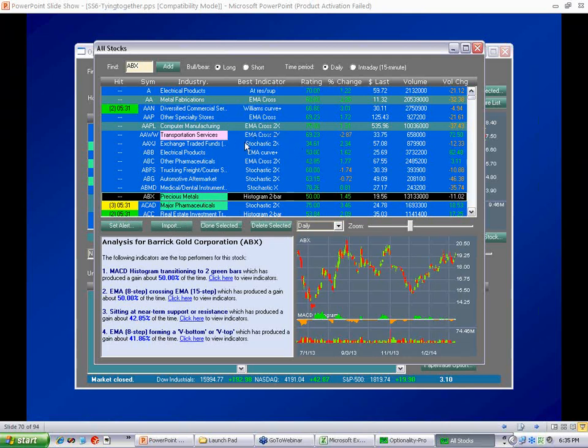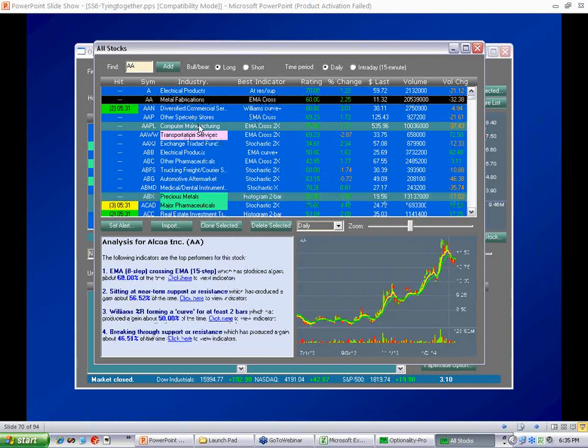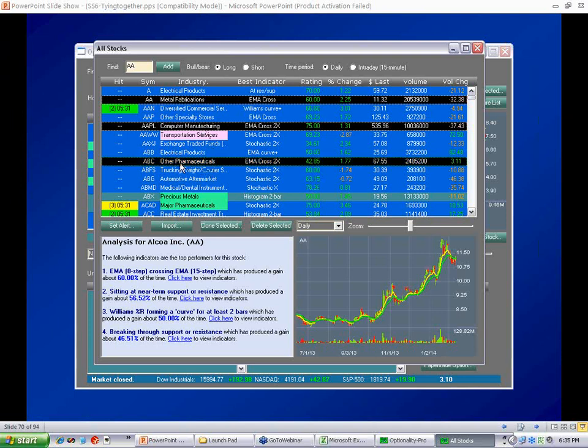Anyhow, if you like a stock, one of the ways to use this is to form a watch list, which you can do. Let's say, for example, I want this one. I'm holding the control key down to select multiple.